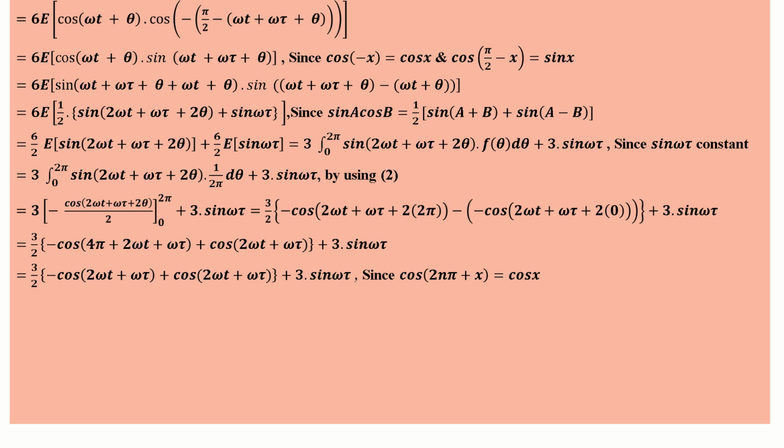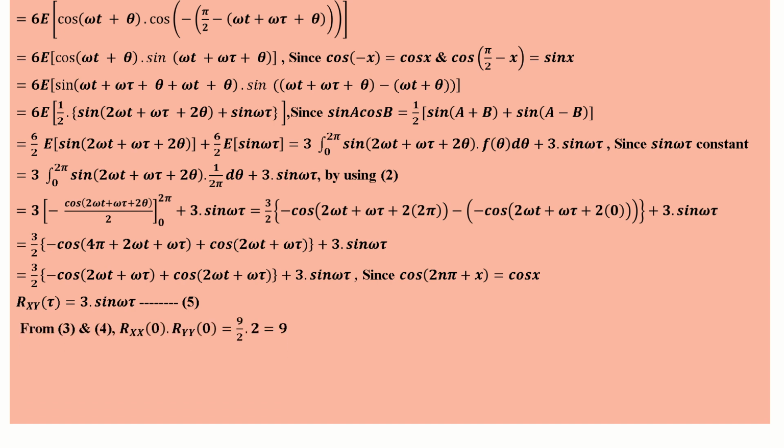So 3 by 2 [minus cos(2ωt + ωτ) plus cos(2ωt + ωτ)], plus the last term 3 sin ωτ. So Rxy of τ is equal to 3 sin ωτ, a function of τ also. So here minus cos(2ωt + ωτ) plus cos(2ωt + ωτ) becomes 0, right? So that is equation number 5.